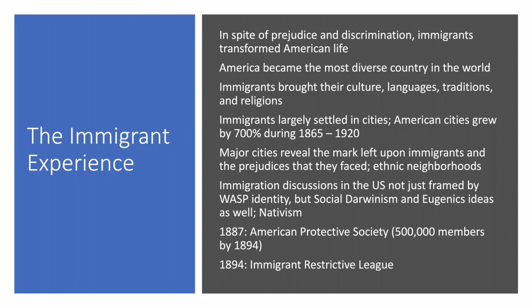Now, where you would see this transformation most profoundly were in American cities, because immigrants largely settled in cities. That is a reflection of the fact that they were coming to work in the industrial economy, and you mostly found the industrial economy in cities. Now, they did go to rural areas, particularly rural areas where there were mines.